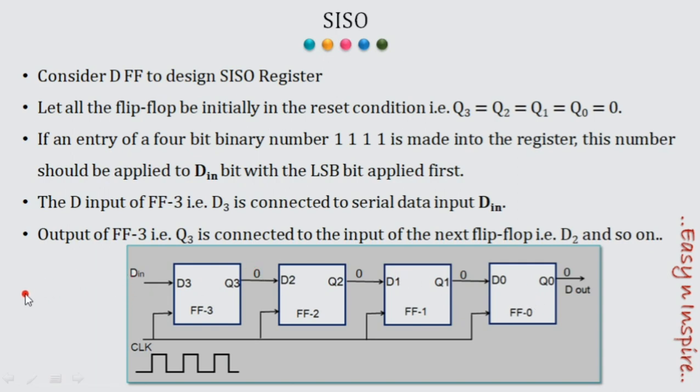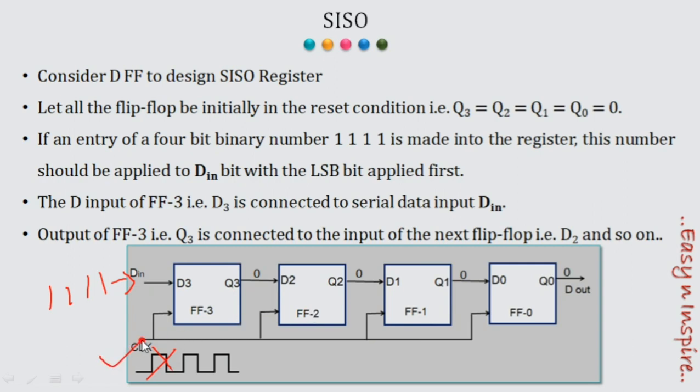Initially, without any input and without any clock pulse, it is nothing but the reset condition. All the outputs are zeros. If you apply an input here, 1, 1, 1, 1, and the clock is not applied, it is not going to produce any output because it is a synchronous sequential circuit.